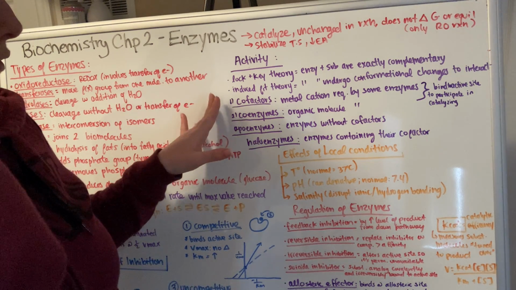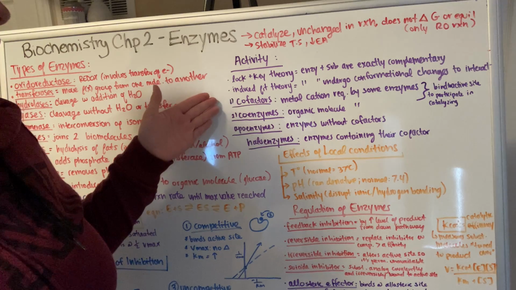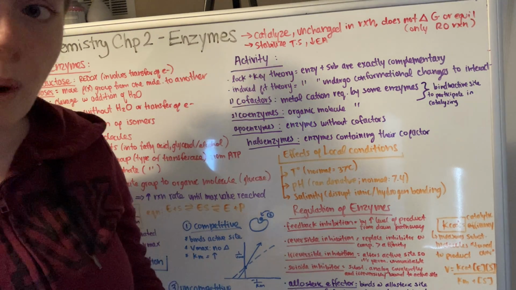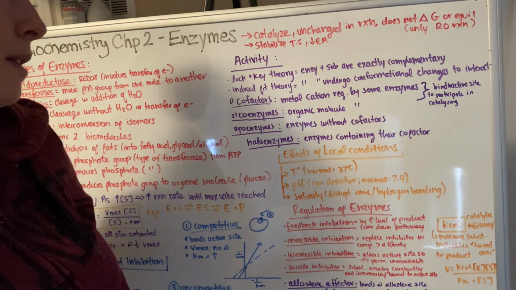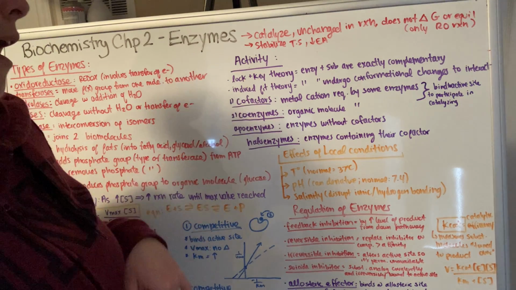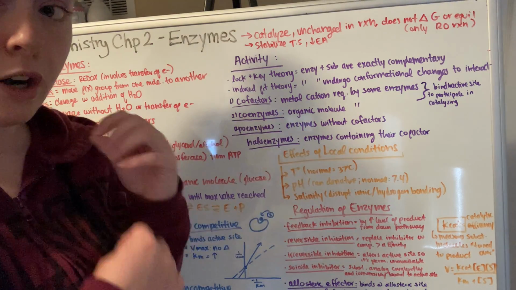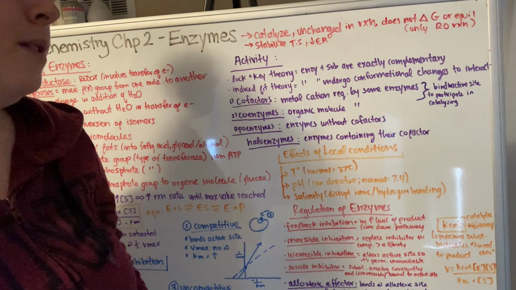Important other things to note of enzymes. You'll have cofactors, which are metal cations that are required by some enzymes to function. Then you have coenzymes, which are organic molecules that are required by some enzymes to function.